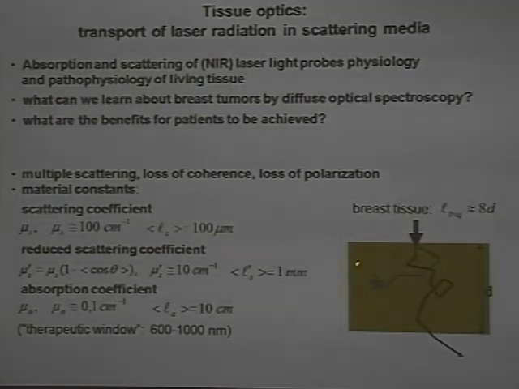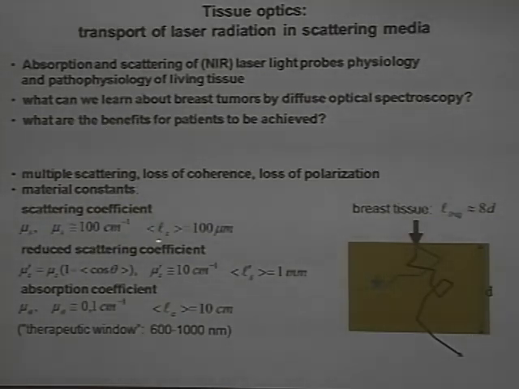So we take a piece of tissue, and there are 3 material constants. One is the scattering coefficient, mu sub s, and the scattering coefficient in the near-infrared range is about 100 inverse centimeters. So 1 over the scattering coefficient is just the average distance between two scattering events.